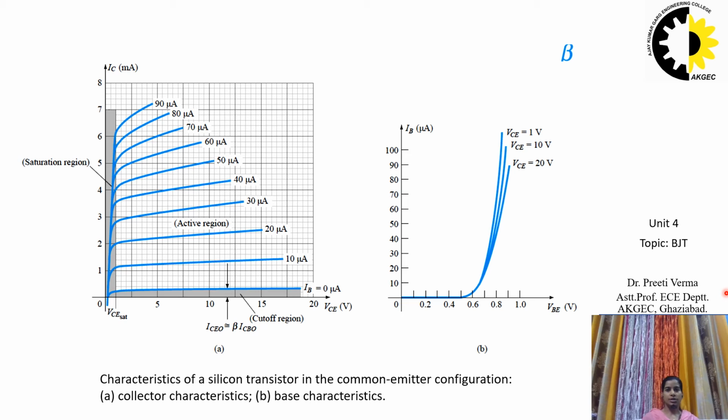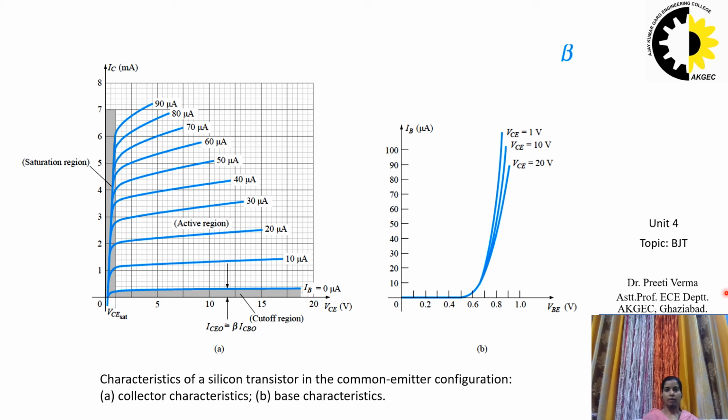In the active region of a common emitter amplifier, the collector base junction is reverse biased while the base emitter junction is forward biased. You will recall that these were the same conditions that existed in the active region of the common base configuration.